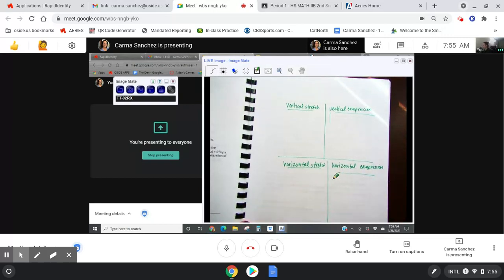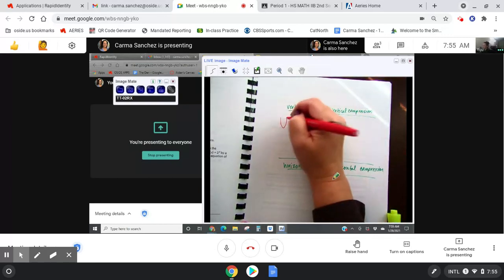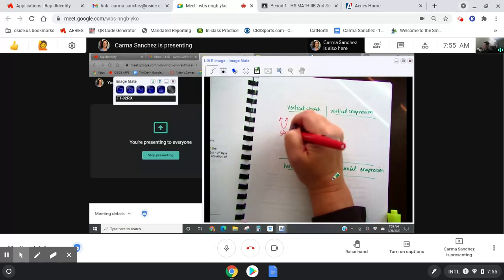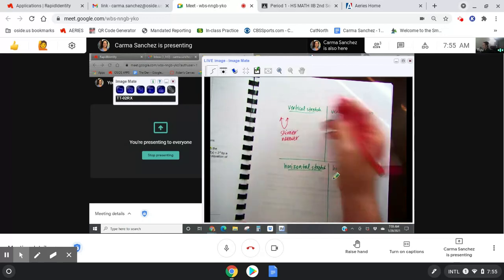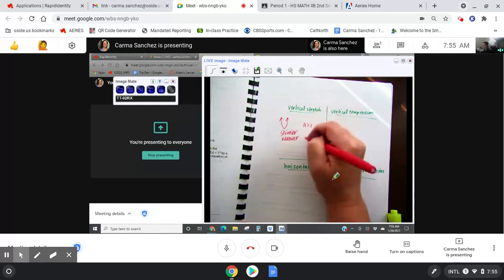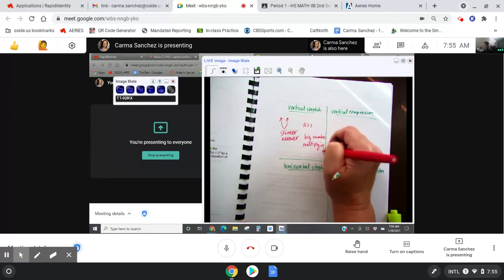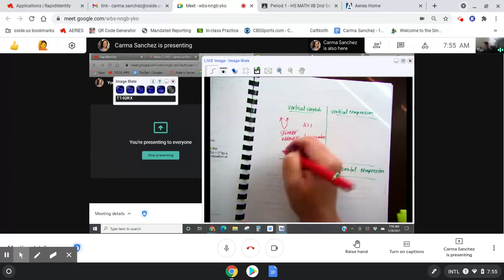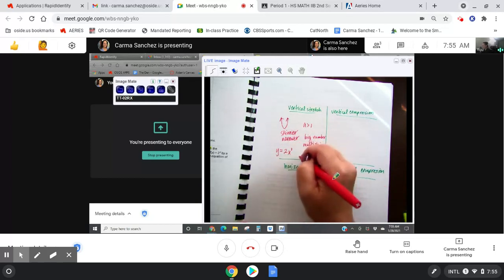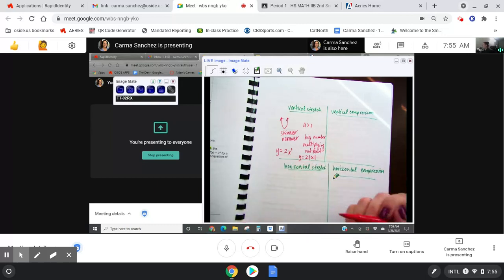Okay, so real quick, vertical stretch is a skinnier or narrower graph. It has an A value greater than 1, so we're looking for a big number multiplying out in front. You might have an equation like y equals 2x squared, or y equals 2 absolute value of x. Big number out in front, narrower graph.